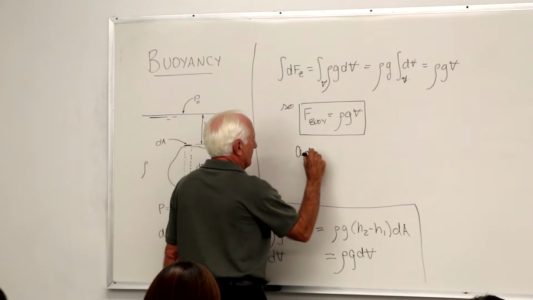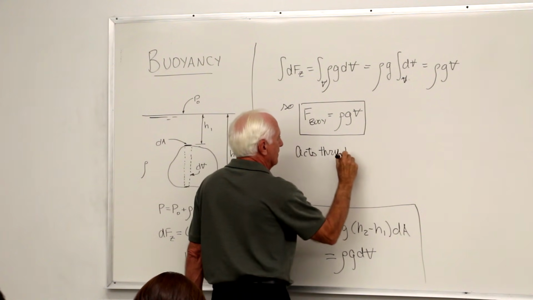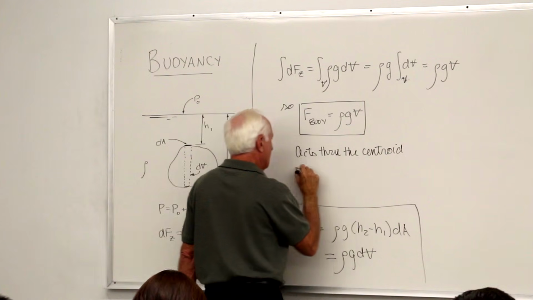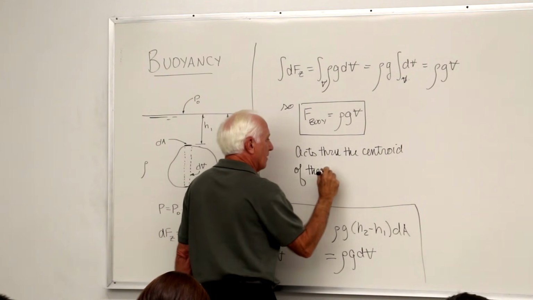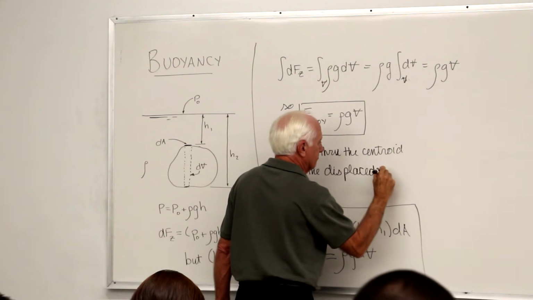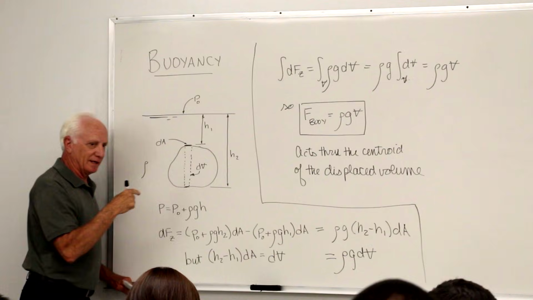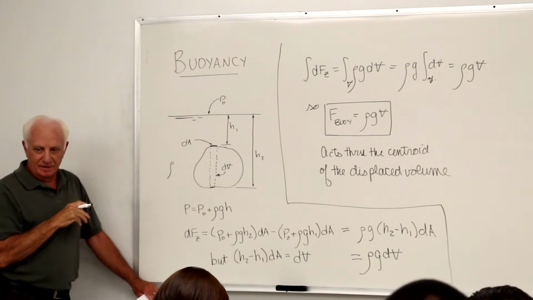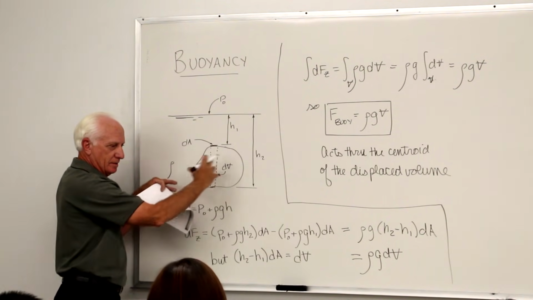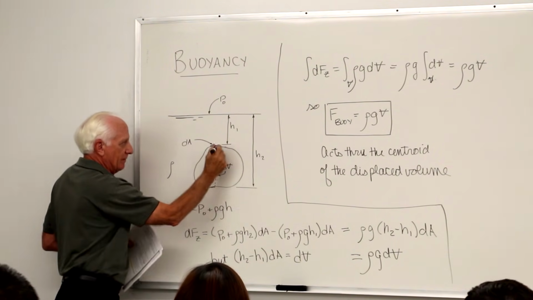It acts through the centroid of the displaced volume. What does displaced volume mean? It means the volume of the liquid pushed out of the way by the object. That's the displaced volume. It's this volume inside that line right there.